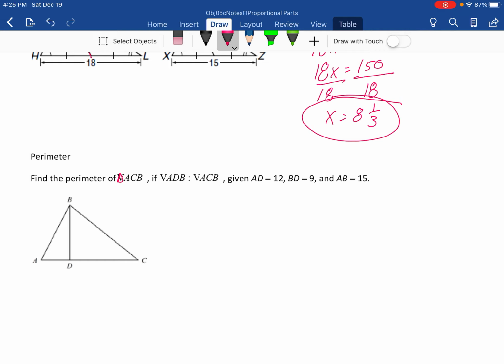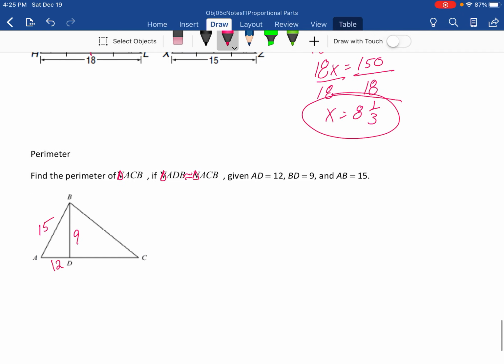So find the perimeter of triangle ABC, if triangle ADB is similar to ACB, given that AD is 12, BD is 9, and AB is 15. Okay. So I look at the perimeter of my small triangle.